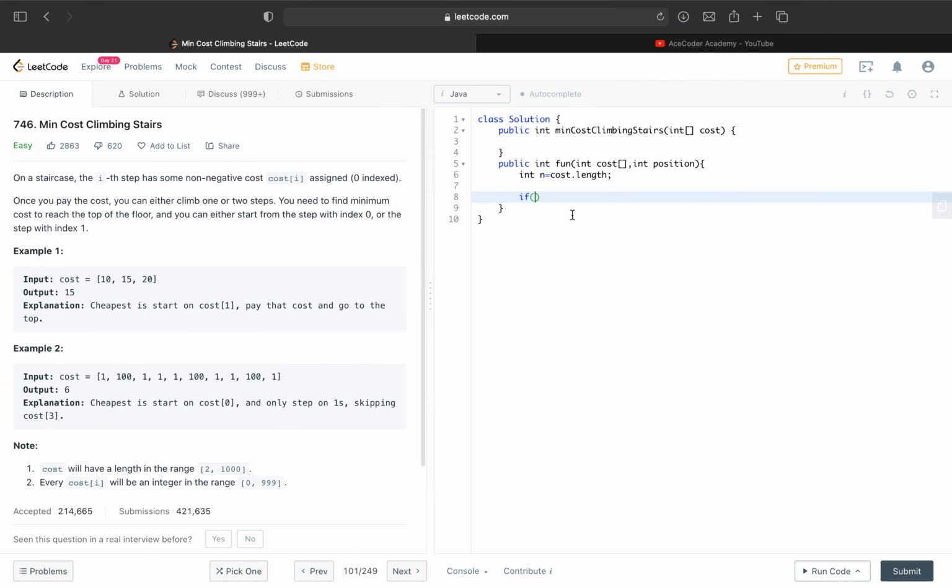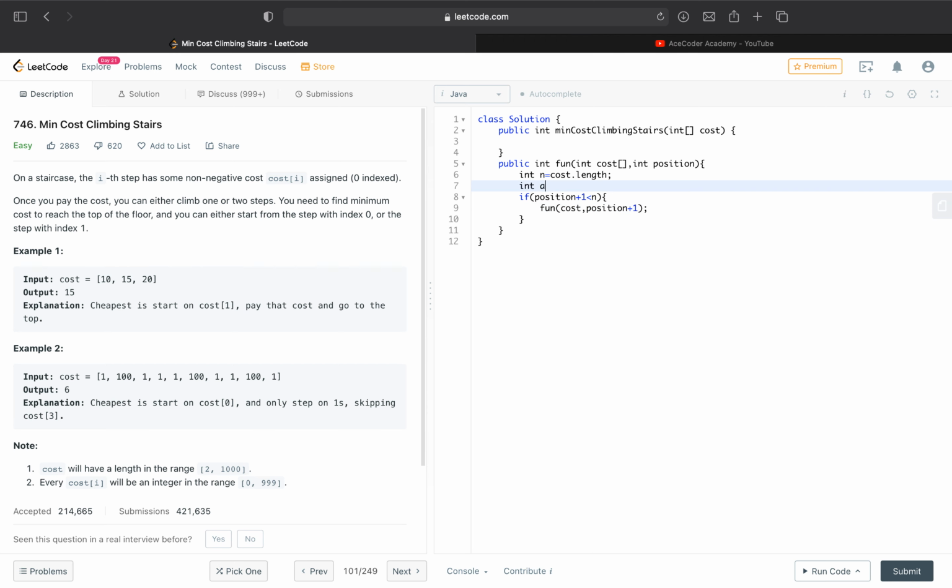If it is possible to jump to position +1, meaning position +1 is less than n, then we can call the function with cost and increase the position by 1, and we have to store the answer also.